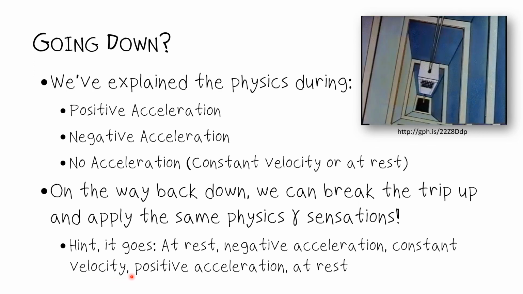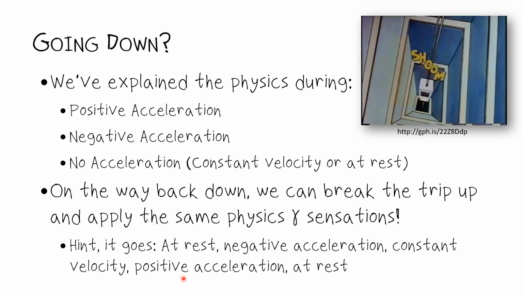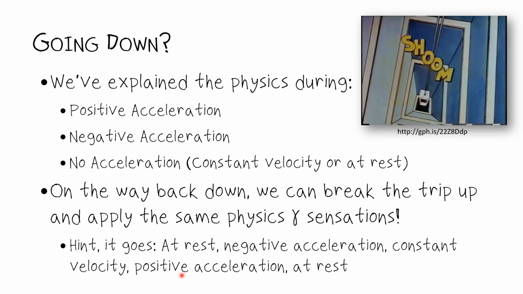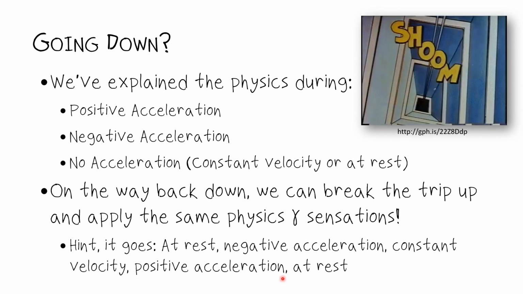As you get to the bottom, and this might be the trickiest part, you've got a negative velocity that you want to slow down. So a negative velocity that you want to slow down requires an acceleration in the opposite direction, so you're going to need a positive acceleration. And then finally, you're back at rest again. So match those accelerations to some of the scenarios we talked about going up, and you should be in good shape.